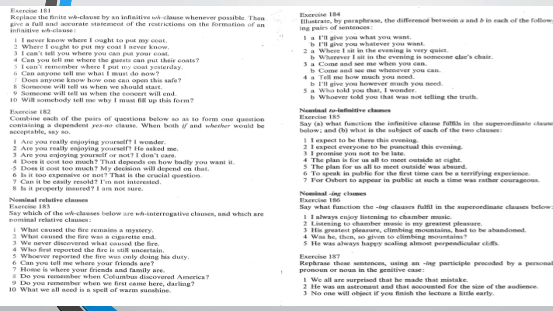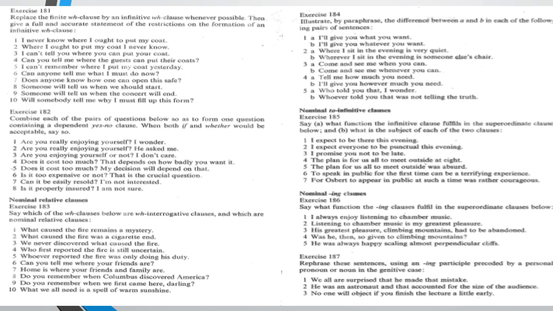In exercise 182, combine each of the pairs of questions below so as to form one question containing a dependent yes/no clause. In exercise 183, say which of the WH clauses below are WH interrogative clauses and which are nominal relative clauses. Here you depend on the meaning.